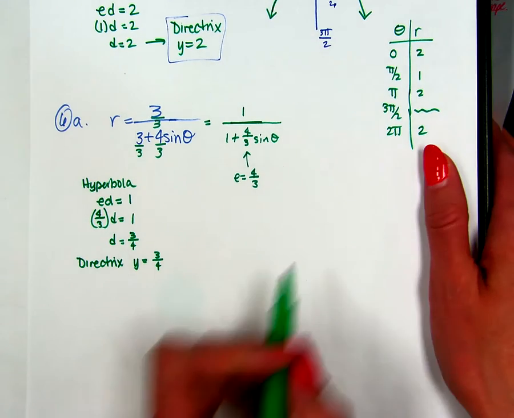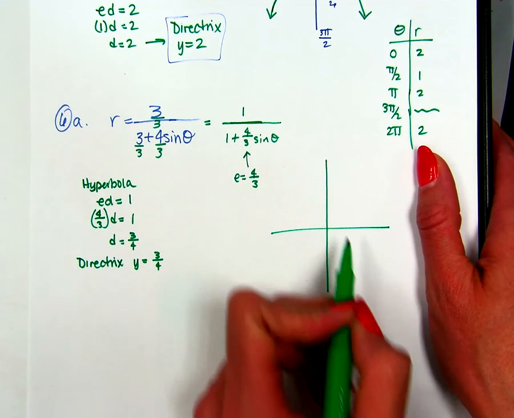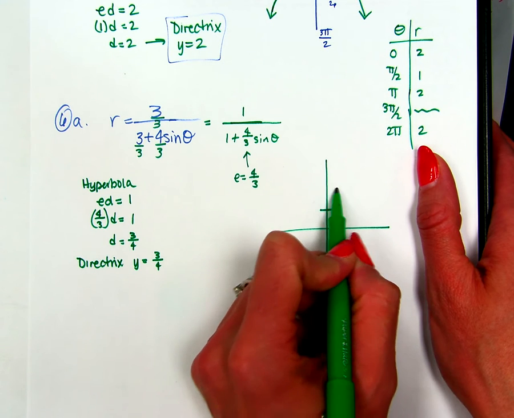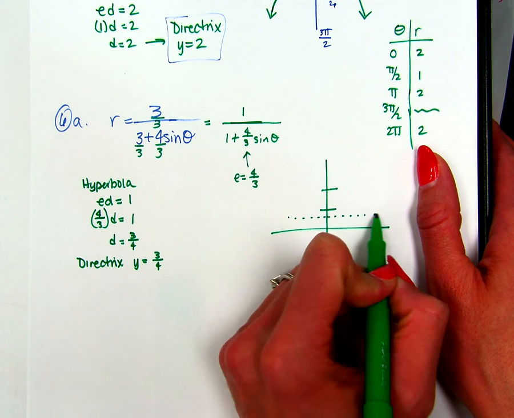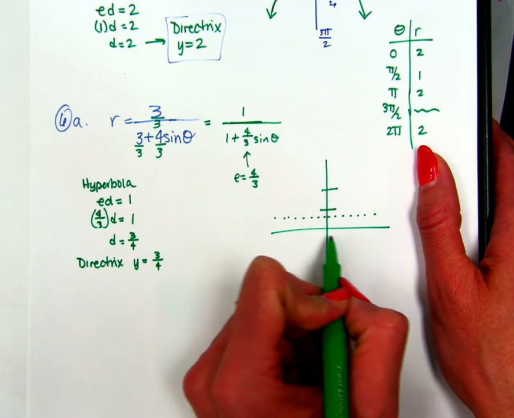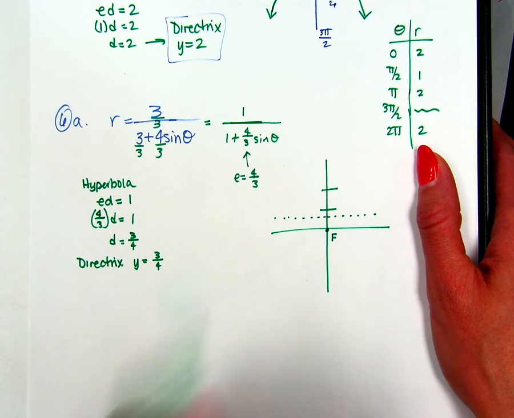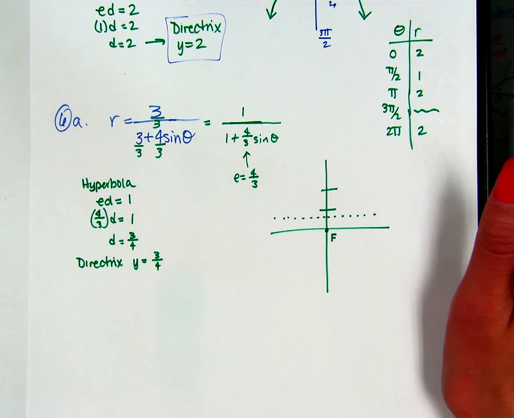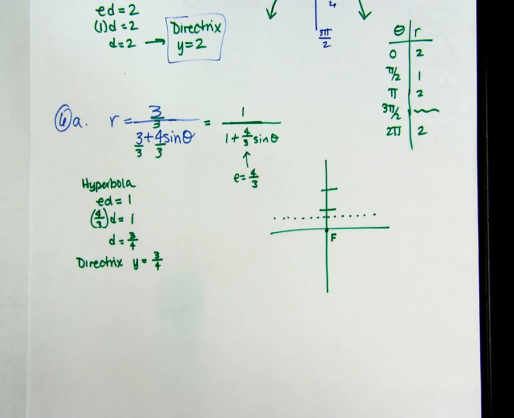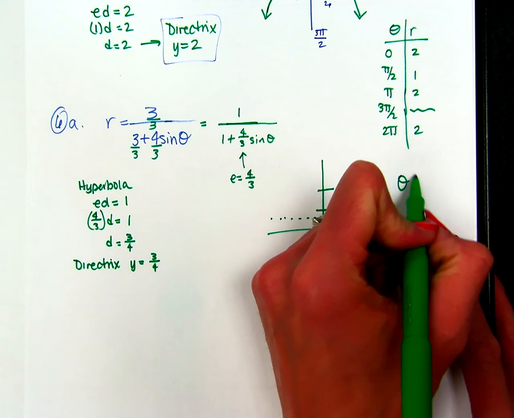All right, so I can graph a little bit so far. I know that at 3/4, we're going to have my directrix. And at (0, 0), we know we're going to have a focal point. All right, so now to get some more information, we need to figure out some of the values in our table.